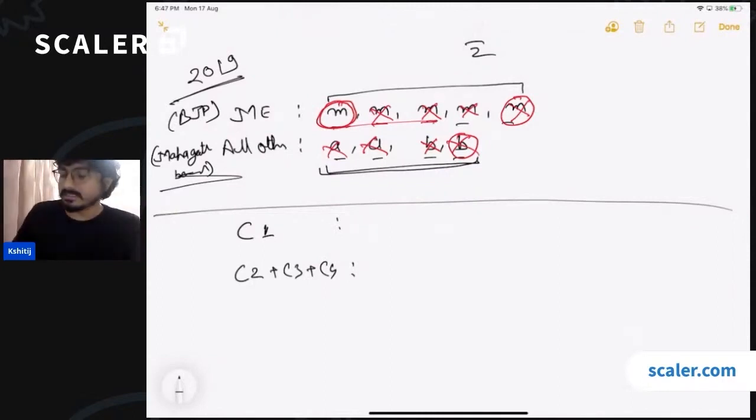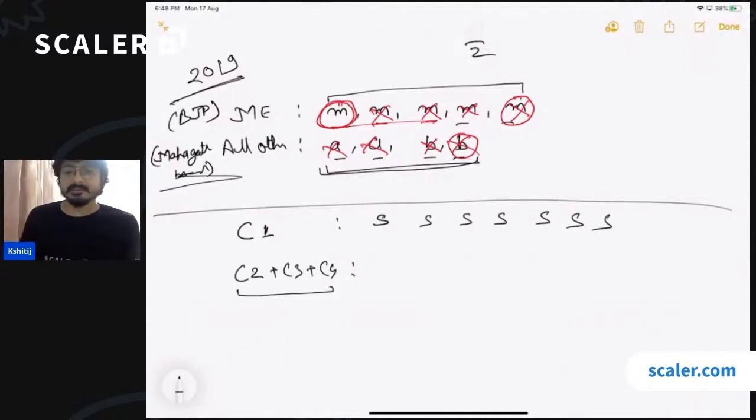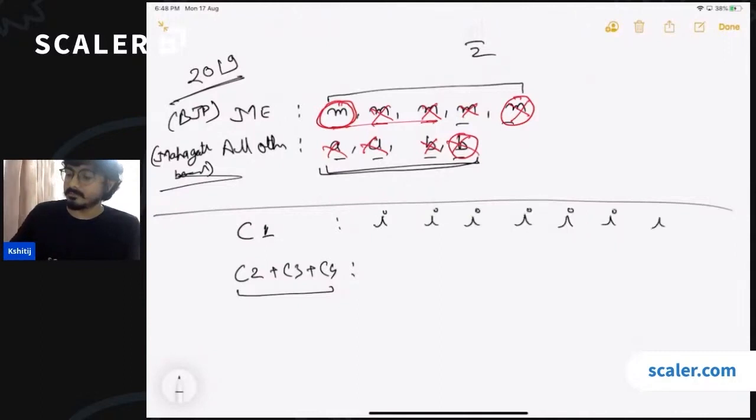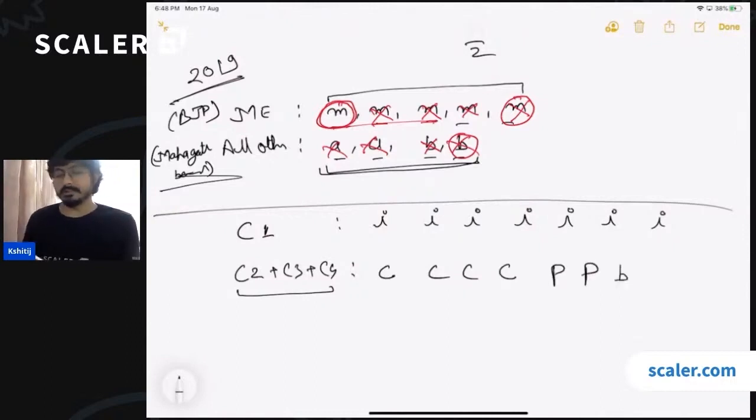Let's say it has got 7 soldiers, and let's represent all these soldiers by I. Then we have some more countries: 4 soldiers in a country C, 2 soldiers in a country P, and 1 soldier in a country B.